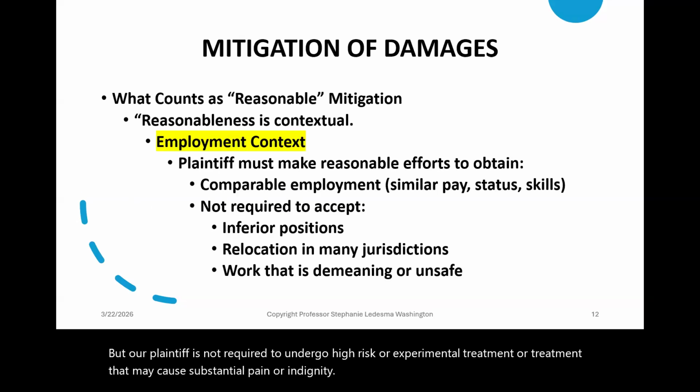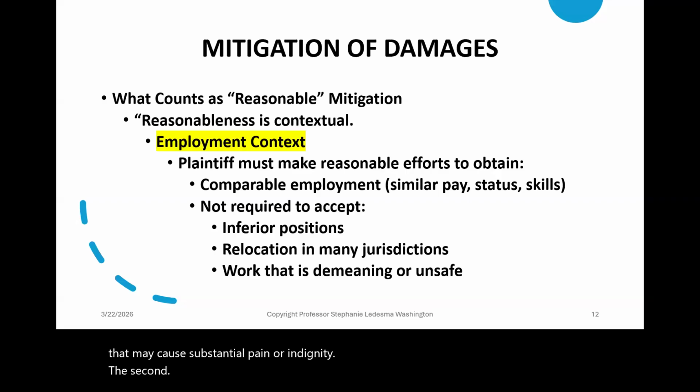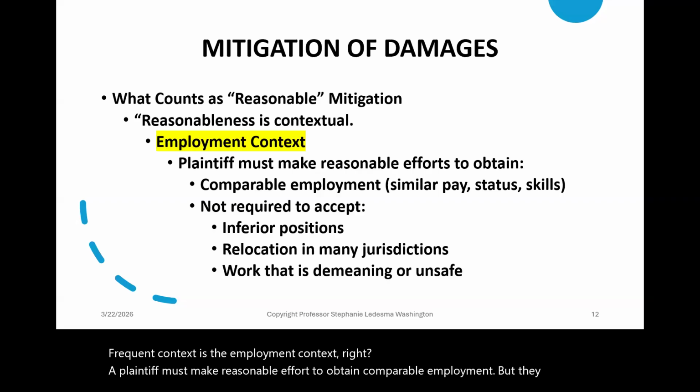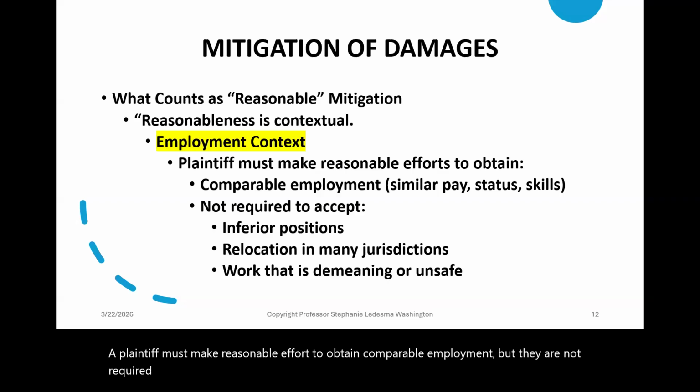The second frequent context is the employment context, right? A plaintiff must make reasonable effort to obtain comparable employment, but they are not required to accept inferior positions, relocation, or work that is demeaning.